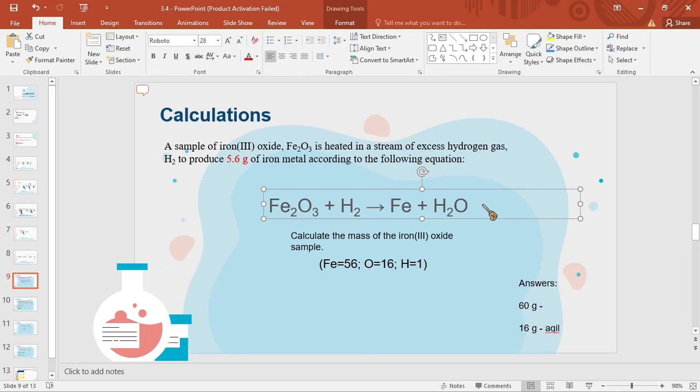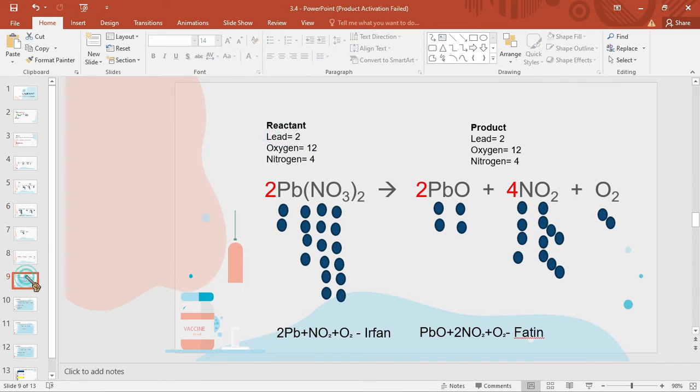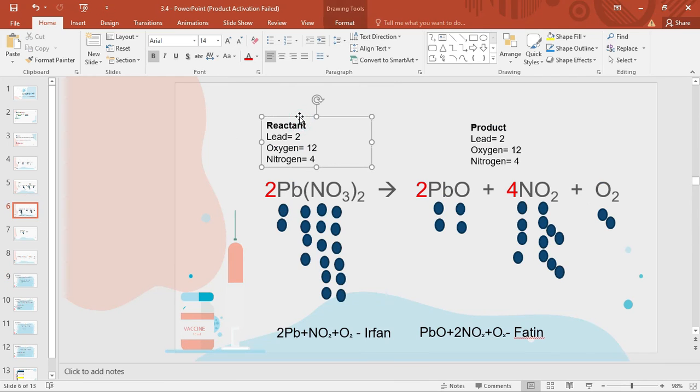So that's why in an equation you have to look very, very carefully. Now, first of all, we must balance the equation. I'll just do the table, easier.